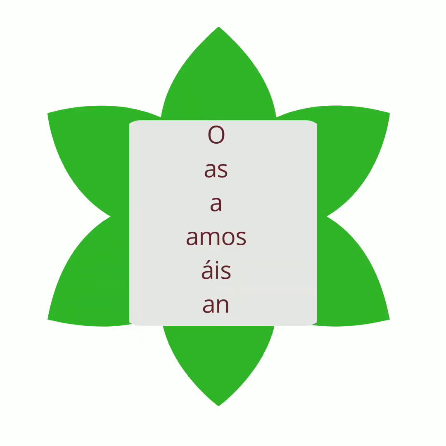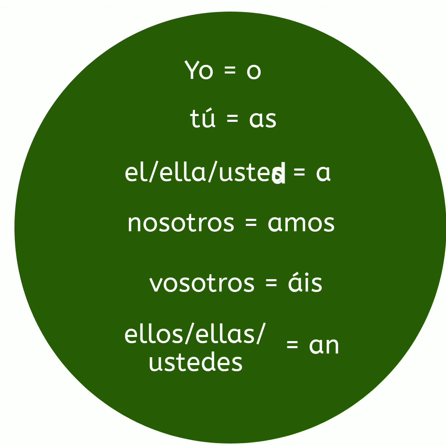Now we will be learning the conjugation for the regular AR ending verb for present tense. The conjugation is o, as, a, amos, áis, an. These are just the conjugations for present tense AR ending regular verbs.